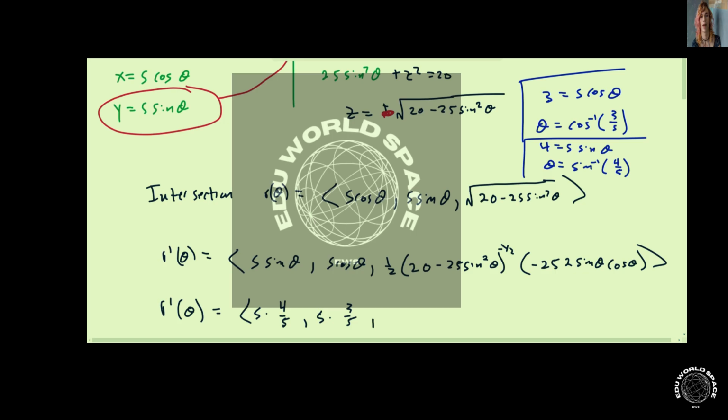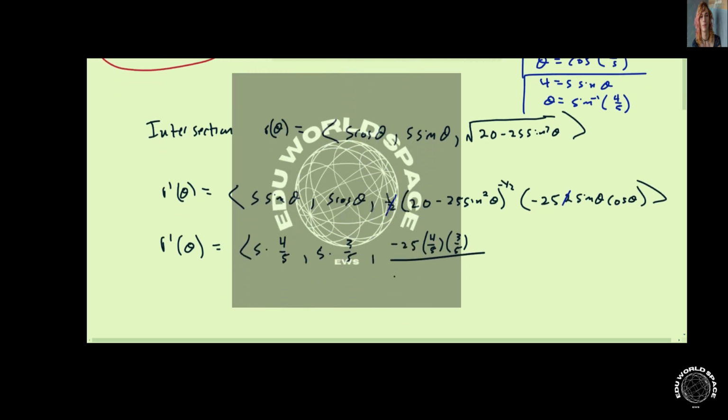Notice this 1/2 and this 2 cancel out. So this is going to be negative 25, sine of theta is 4/5, cosine of theta is 3/5, all over the square root of 20 minus 25 times 4/5 squared.